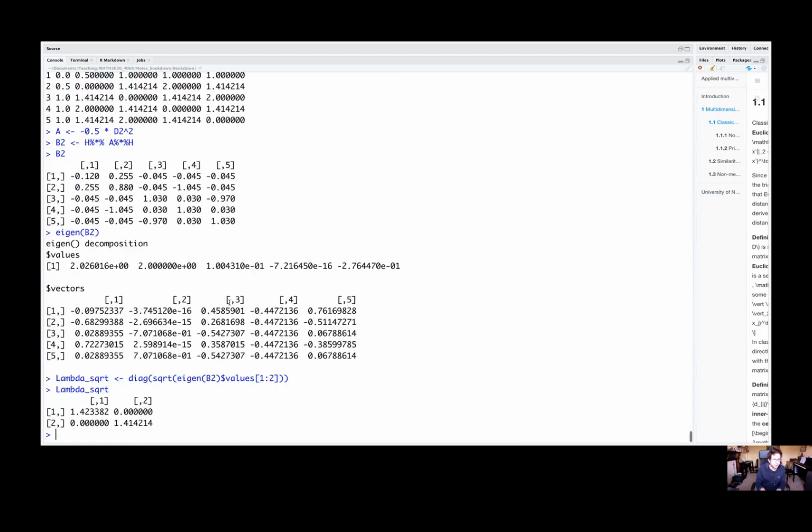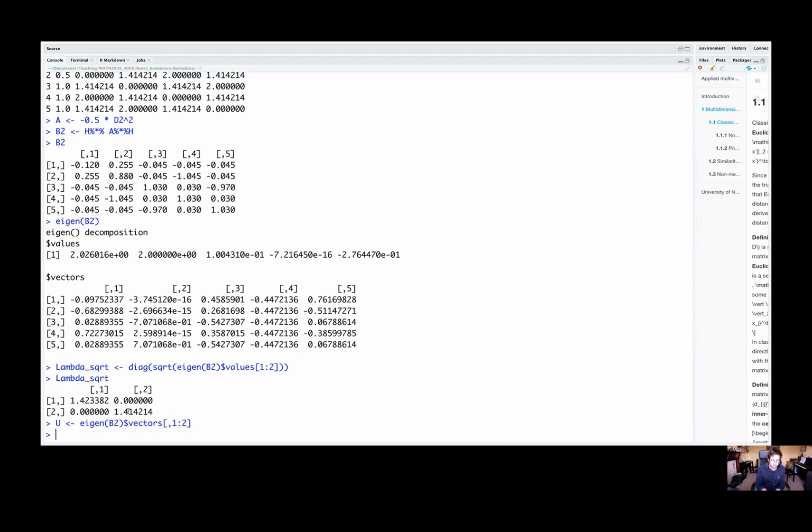Okay, let's just check that. Yeah, so a diagonal matrix with close to the square root of 2 on its diagonals. And let's let U be the first two eigenvectors of B2. Then we can create a set of points that is U times square root of lambda.